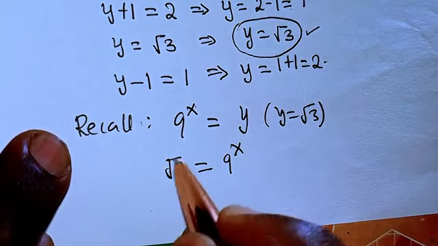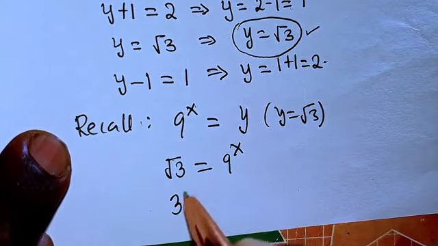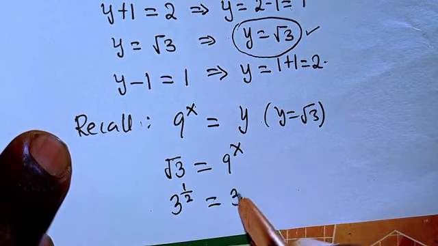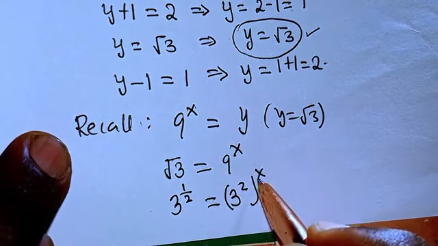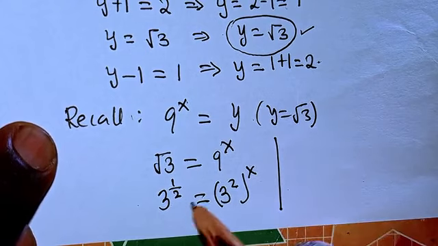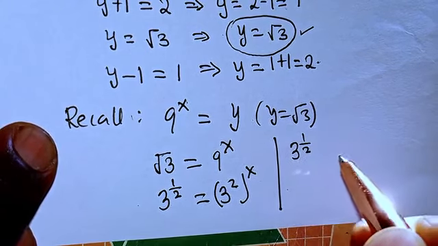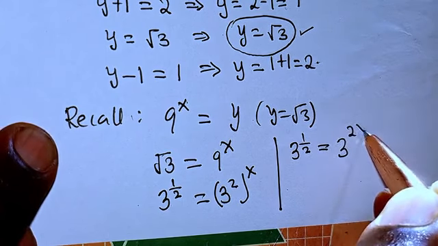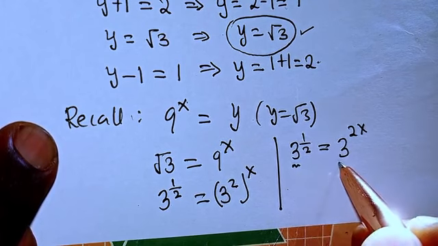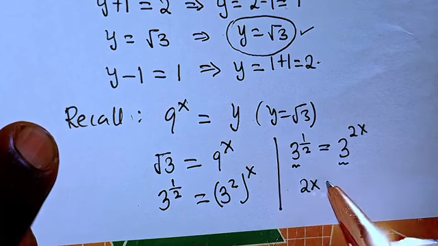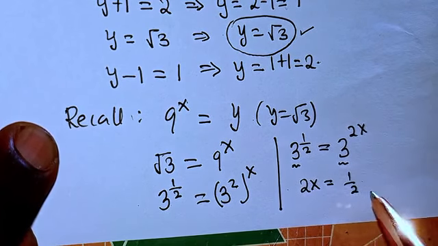Then this root can be written as 3 to the power of 1 over 2, equals, I can write 9 as 3 to the power 2, then x. So I have 3 to the power of 1 over 2 equals 3 to the power of 2x. For the fact that the bases are the same, we have 2x equals 1 over 2.